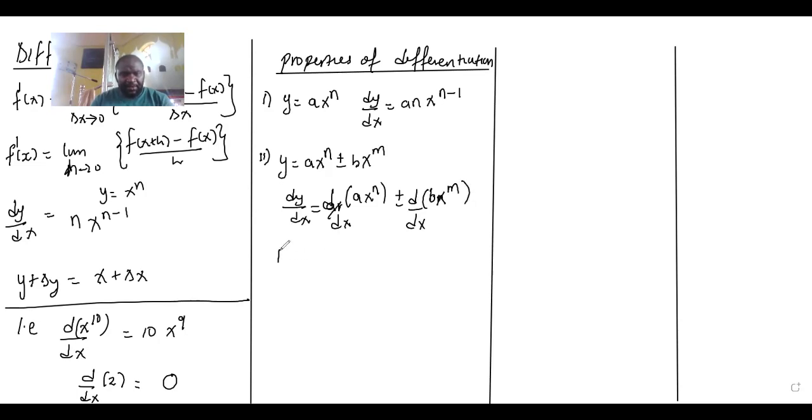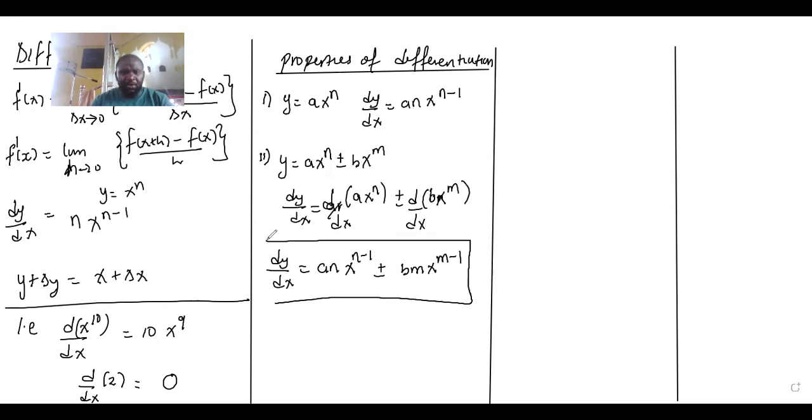And this will take us to dy/dx is equal to anx to the power n minus 1 plus or minus bmx to the power m minus 1. So it's the same as differentiating each term alone, then after you do the algebra, which is either addition or subtraction, depending on the question.